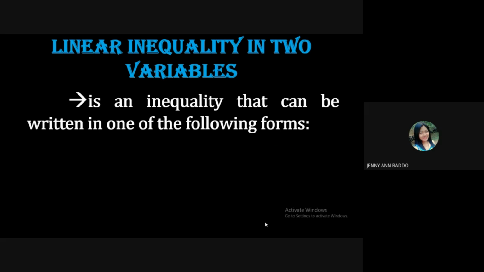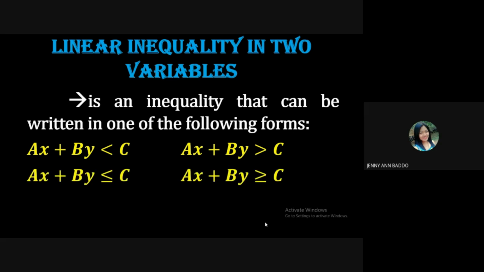It is an inequality that can be written in one of the following forms. It can be in the form ax plus by is less than c, ax plus by is greater than c, ax plus by is less than or equal to c, and ax plus by is greater than or equal to c. So if you can still remember, if we compare these linear inequalities to linear equations, the standard form of a linear equation is ax plus by equals c.